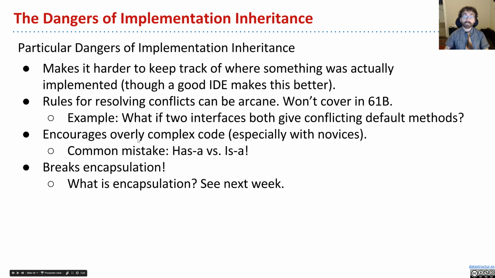Another one, and this is where it's starting to get worse, is it encourages overly complex code. Because when you have a hammer, right, everything looks like a nail. So whenever you know about inheritance, especially when you're new to it, you're going to want to go nuts with it possibly. And the biggest mistake people make is this has-a versus is-a problem. I actually had a similar thing at my first internship a long time ago where I just learned about Yak, I think it was, or Lex, or one of those compiler writing tools.